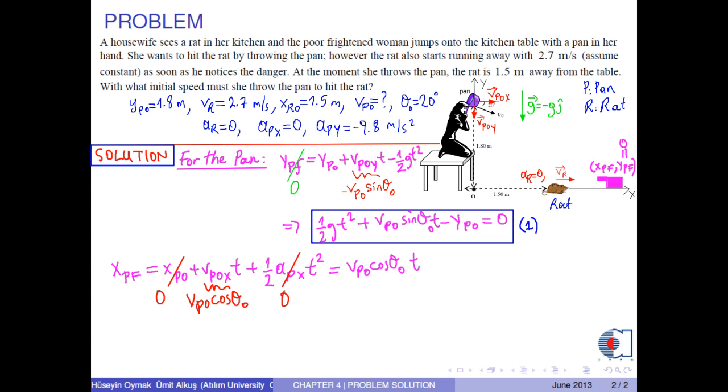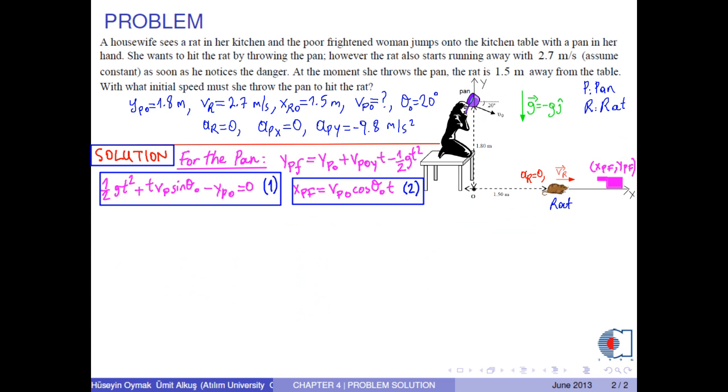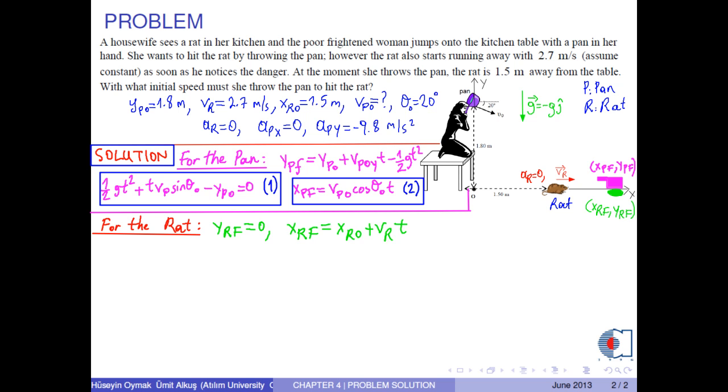Then we obtain vp0 times cosine theta 0 times t. Additionally, for the rat, the y component of the final position is 0. And the x component of the final position of the rat is found by this formula, since the acceleration is 0.